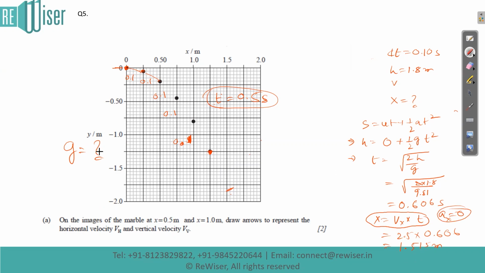We can only find out g by considering the motion along y direction. So in y direction, what is the displacement till this point? It is around 1.25. Okay, consider this is y, 1.25 meters.